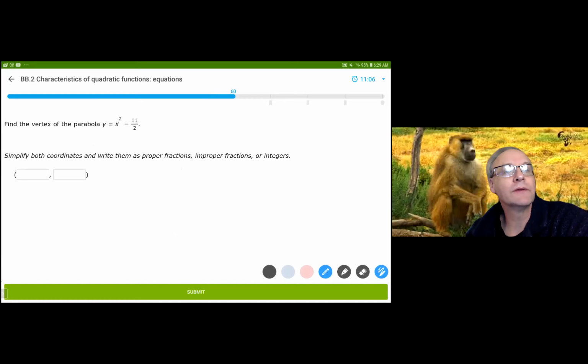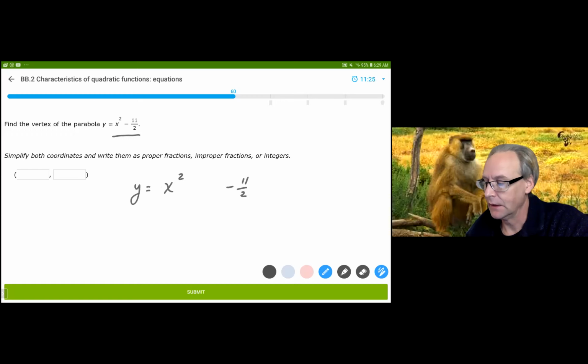Oh, this one's a little more interesting. The vertex. Well, the vertex is going to occur this time at negative b over 2a, but notice that there is no x value because I've got y equals, there's an x squared, and there's a minus 11 over 2. That's my c, but there is no x term.